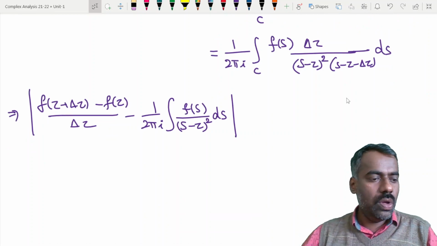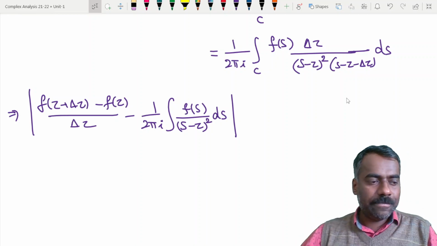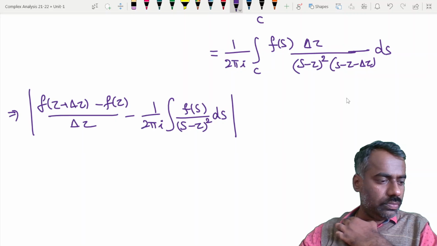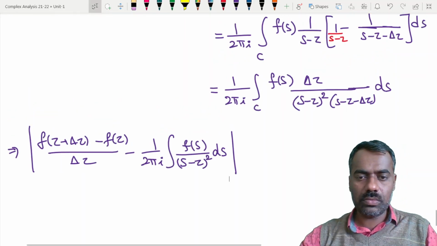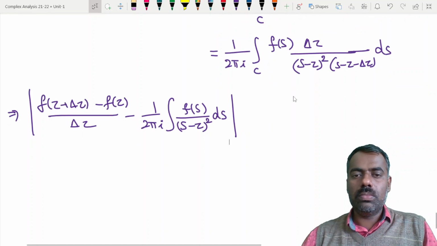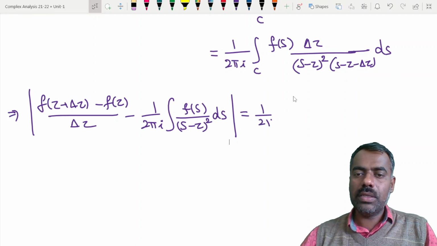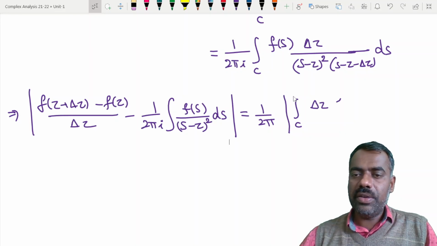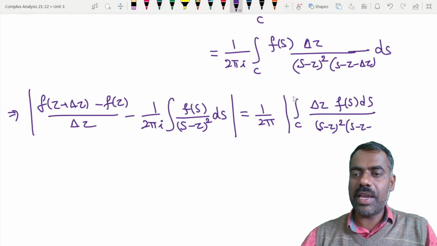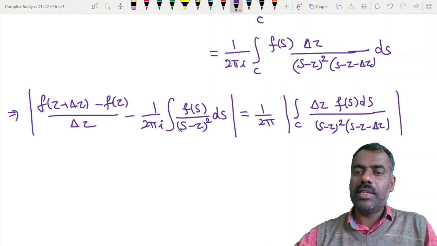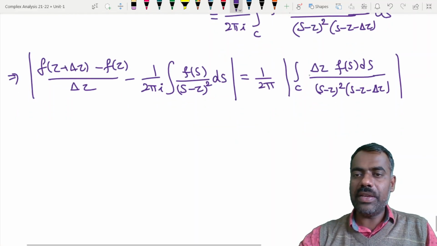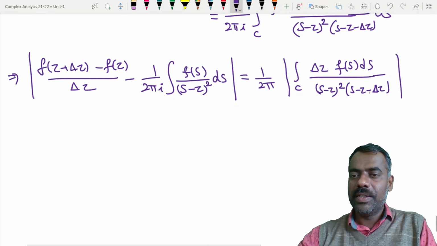That means this is equal to, if you take the modulus, 1 by 2 pi into the modulus of integration over C of delta z into f of s ds upon s minus z whole square, s minus z minus delta z. That means, to apply the ML inequality, we want to find the maximum value of this one, which is delta z f of s by s minus z square, s minus z minus delta z.